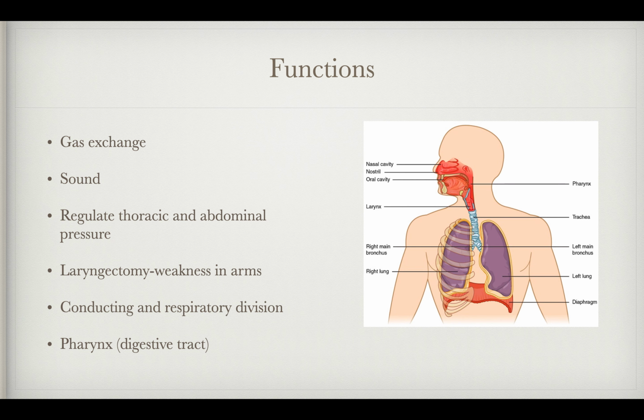You do that by closing the epiglottis in order to cough or to lift heavy things. So, one of the more common side effects of a laryngectomy, which is the surgical removal of the larynx, is a weakness in the arms because there isn't a way for the epiglottis to close and let the pressure build up in order to lift something heavy.